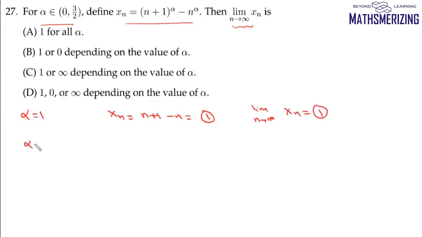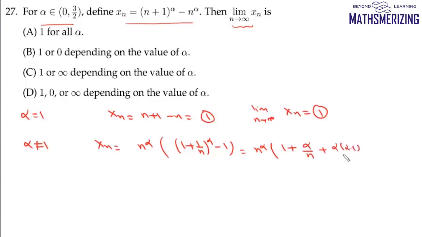Now when alpha is not equal to 1, then in that case we can write this x_n as n to the power alpha times (1 plus 1 upon n) to the power alpha minus 1. We can write this as 1 plus alpha upon n, plus alpha into (alpha minus 1) upon factorial 2, times 1 upon n square, and then minus 1.